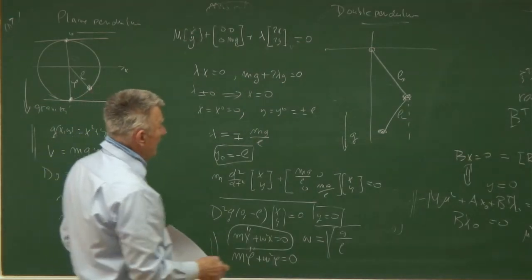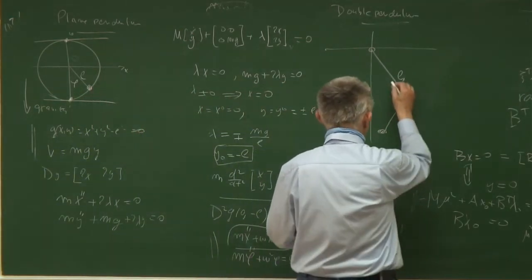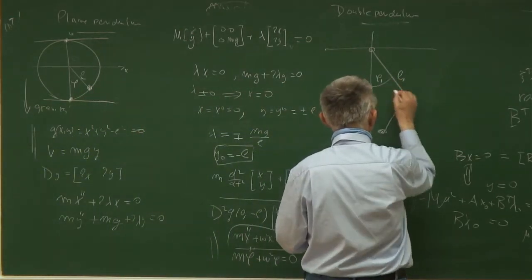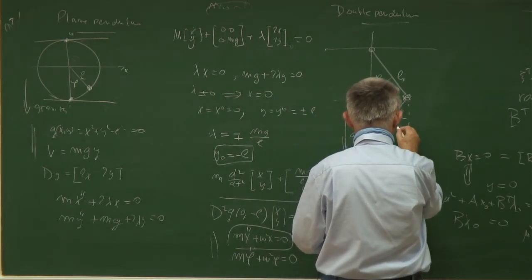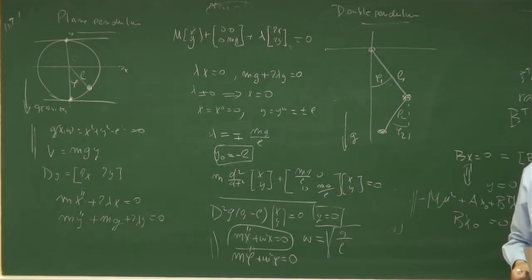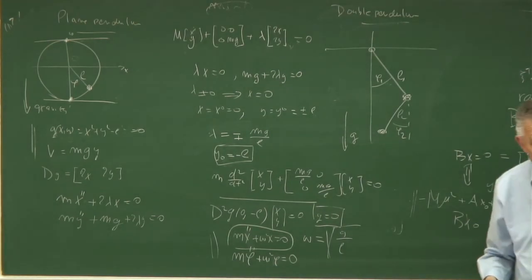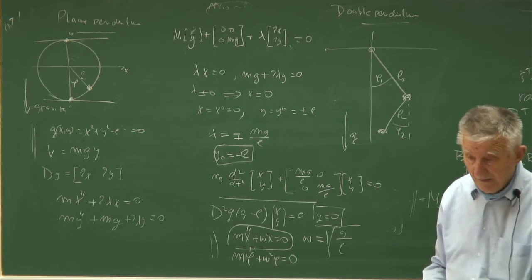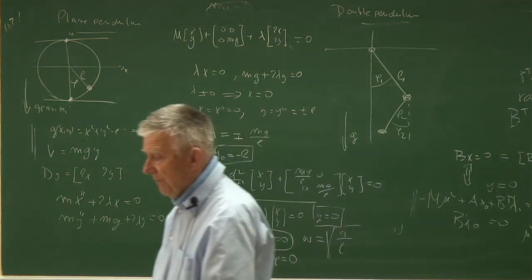And the other one is to take parameters phi1 and phi2 directly. And then linearize as I did for simple pendulum. And compare them.